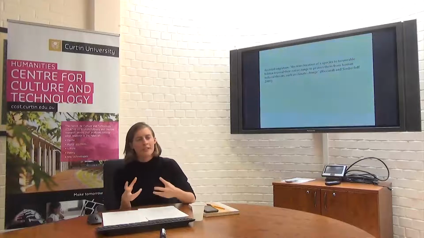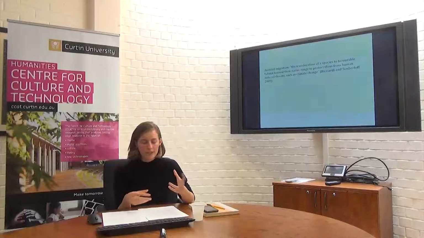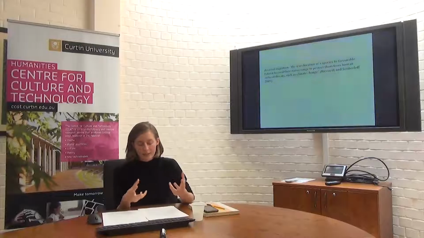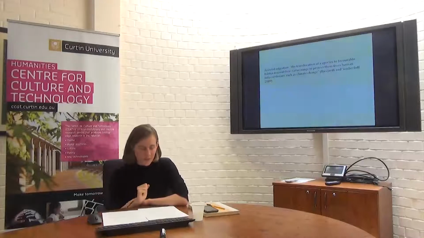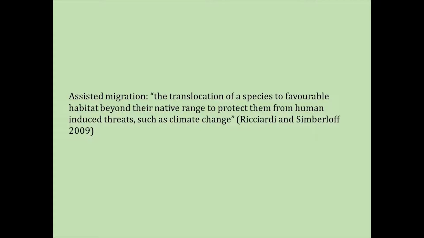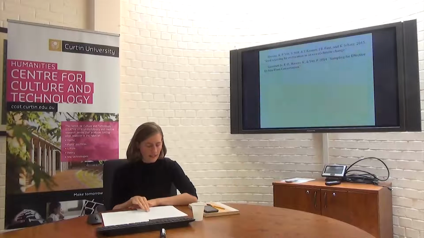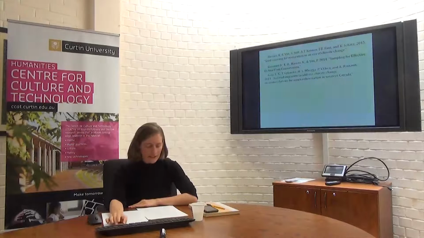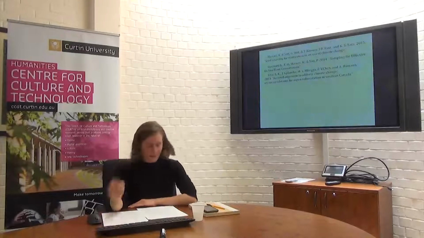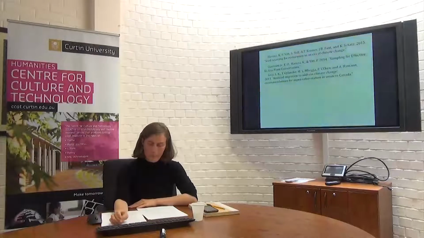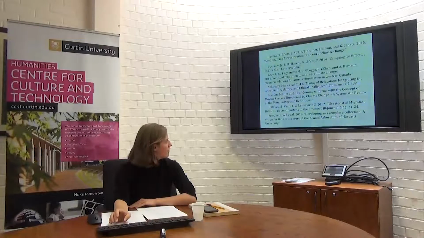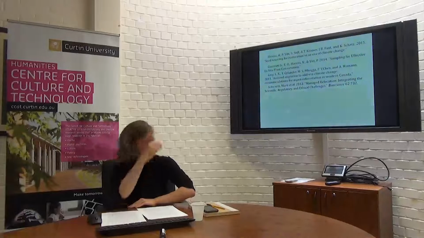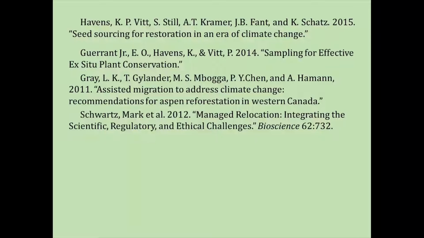So the terminology of assisted migration is still shifting and proliferating, just as can be expected from any kind of warm research in the making, in Latourian terms. So it's been variously called assisted colonization, assisted migration, managed relocation, and chaperoned relocation.